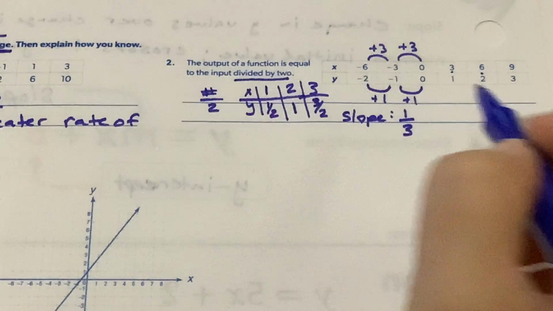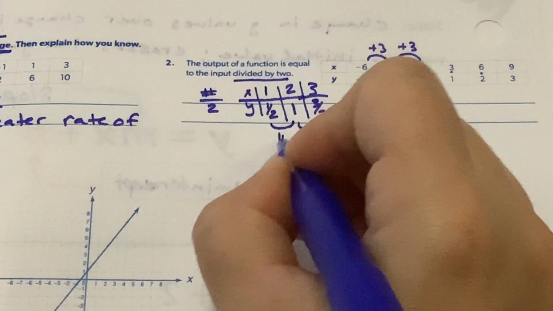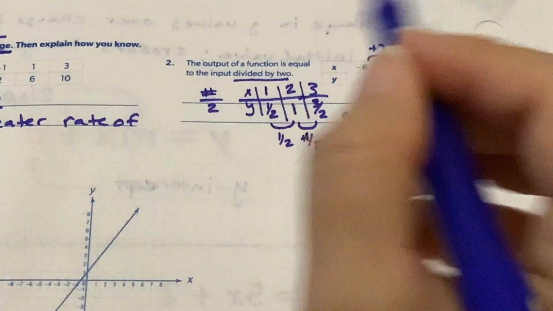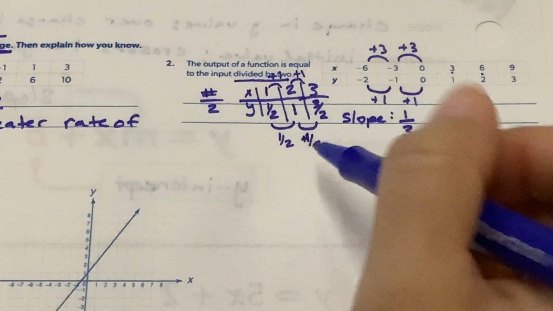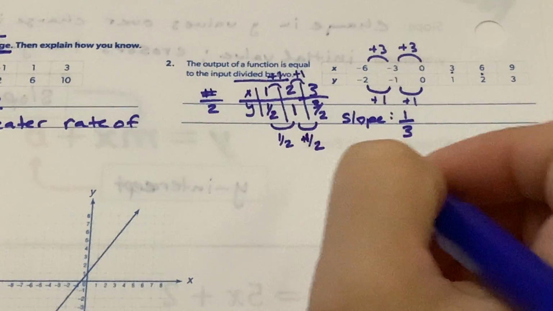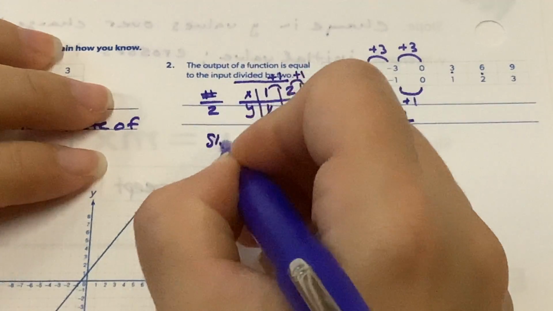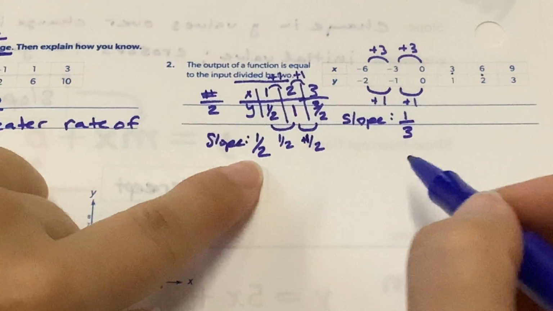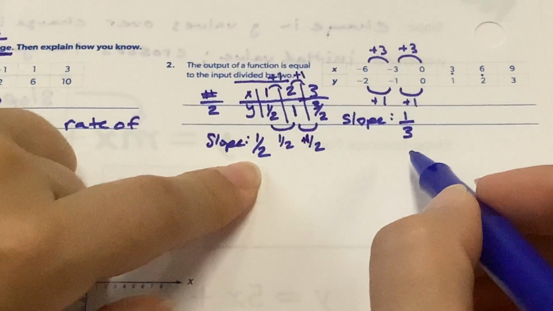Okay, so what is the slope? What are these changing by? They're changing by halves, or 0.5. And what is the x values changing by? 1. So what is 1/2 divided by 1? It's 1/2, right? So the slope on this one is 1/2. Which one is greater, 1/2 or 1/3? Which one's bigger? Look at the decimal values.